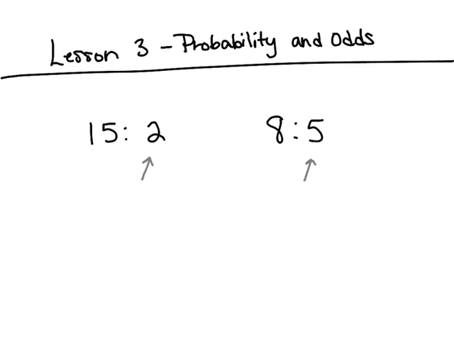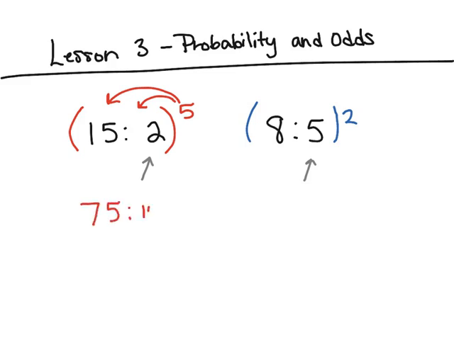So in order to do that, we can always multiply by the opposite number. So for this odd, I'll multiply by 5, and for this odd, I'll multiply by 2. And when we do this, you need to remember to distribute into both terms in the odd. So this turns into 75 to 10, and this turns into 16 to 10.